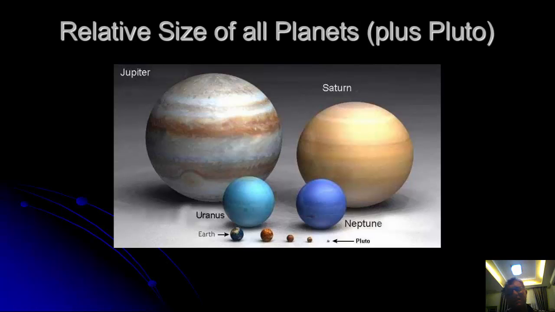Now we have Uranus, Neptune, and finally, I've shown the relative size of all planets plus Pluto. Pluto used to be known as a planet, but has been reclassified as not a planet because its moon is large enough, very similar in size to Pluto itself, and they rotate around each other.